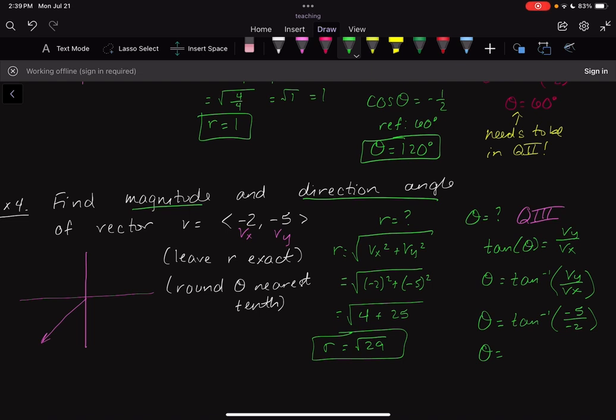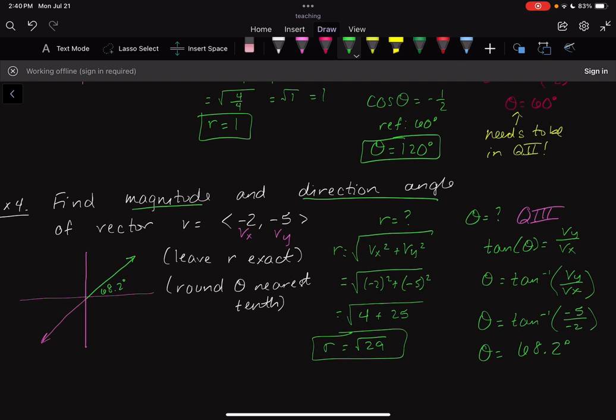So that -5 and -2, the negatives are going to cancel. Tangent, if it's a positive in the parentheses, it should give me an answer in quadrant 1. And it gives me 68.2 degrees. But be careful, that is not the correct answer because that's in quadrant 1. So that just gave me this angle.